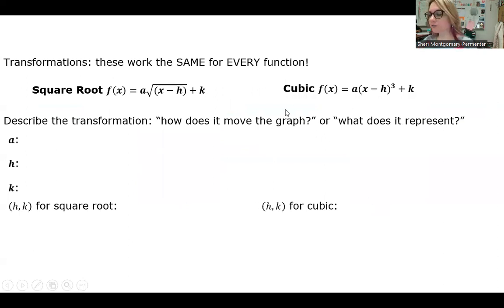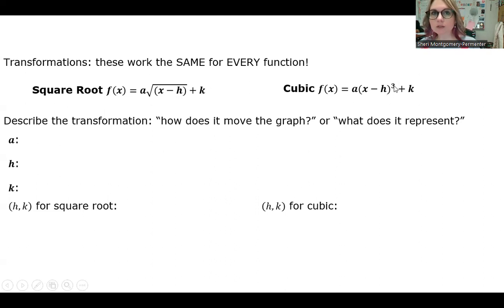Moving on, transformations. We've been doing transformations. How your graph moves is exactly the same. Different parts do the same thing. So when you're looking at a square root versus a cubic, we've still got the x part and it's in parentheses. What you're doing to the x for a square root is that you're square rooting the x part.